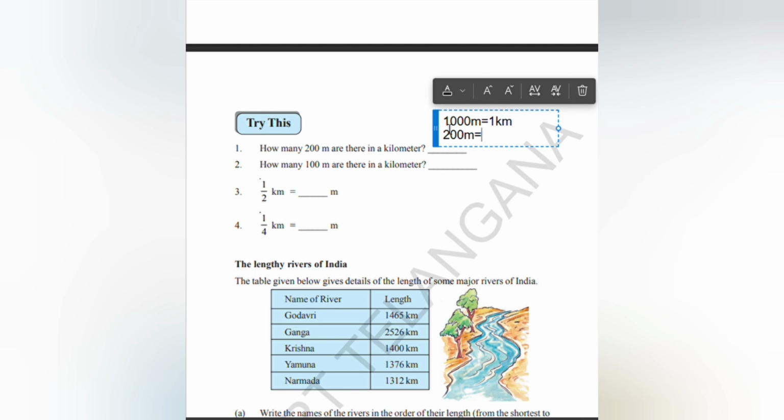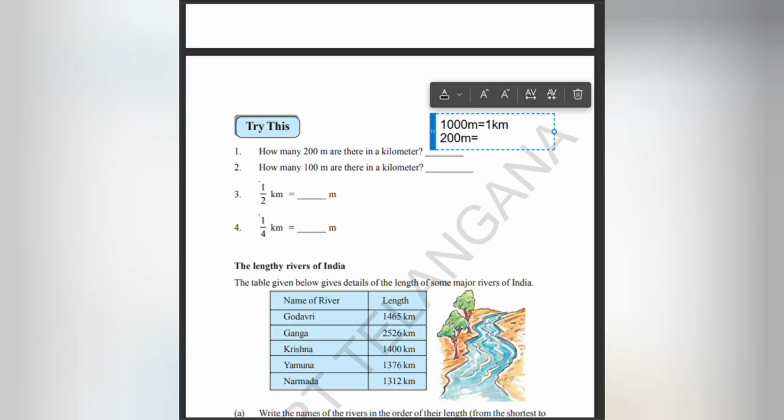That we have to write. What's the question given here? 200 meters. We know that in 1000, how many 200s will make a 1000? 5 200s will make a 1000. So 5 into 200 is equal to 1000.